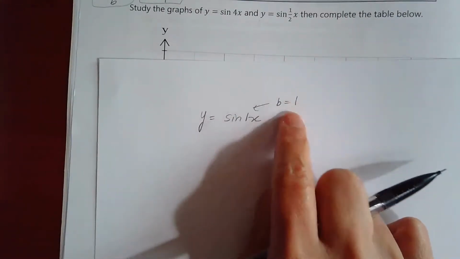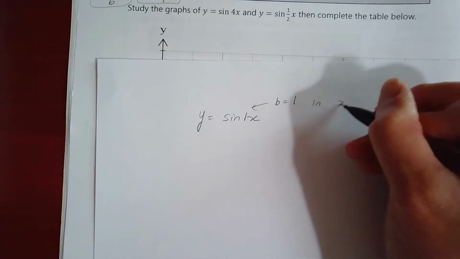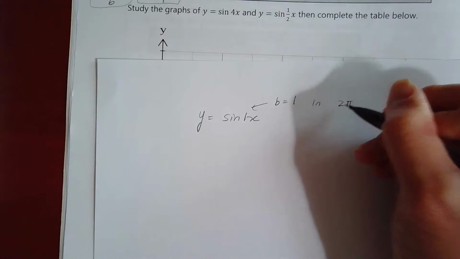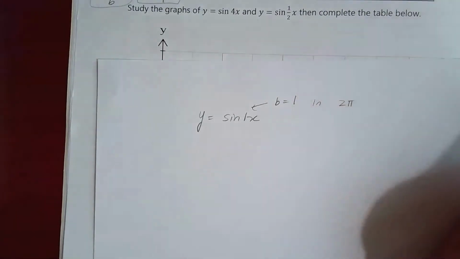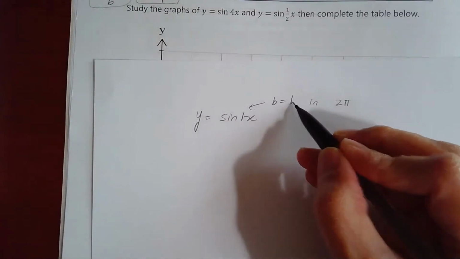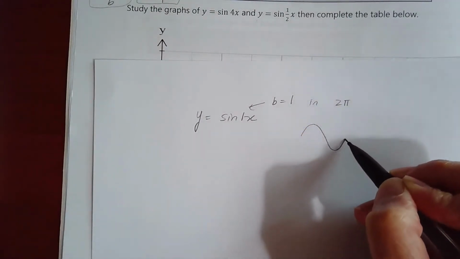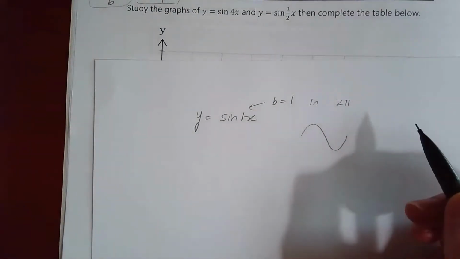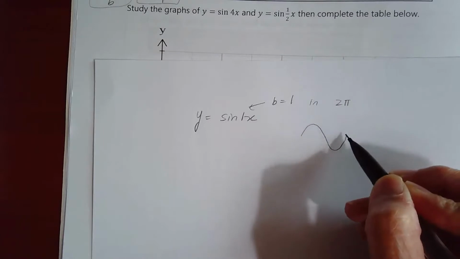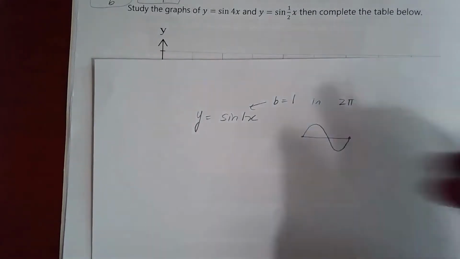Okay, so that means in the span of 2 pi radians, we're going to have one full wave in a span of 2 pi.